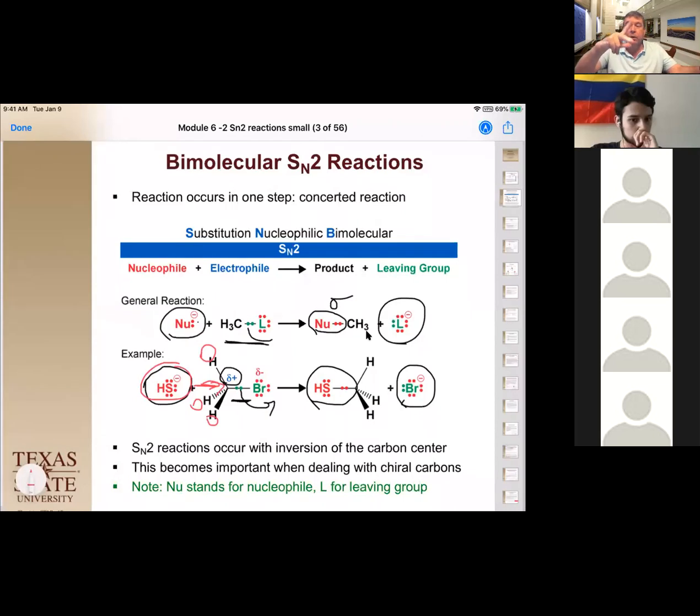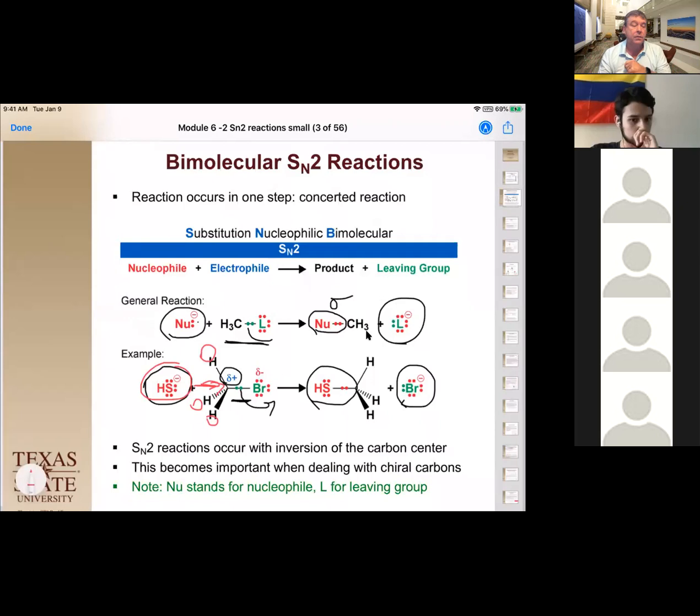Notice the other thing that happened here. If you had your three groups on it in this direction here and you have your nucleophile come in here, what happens to that stereo center? It becomes inverted, like inverting an umbrella in the wind, okay? Because this is coming in here, that big group is going to push all these things flat first, and then as soon as the leaving group leaves, they're going to invert in their configuration.